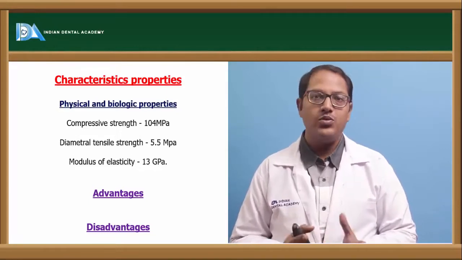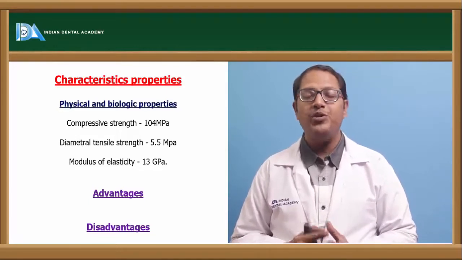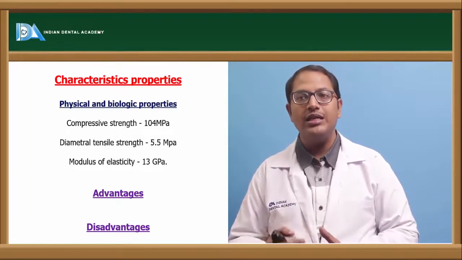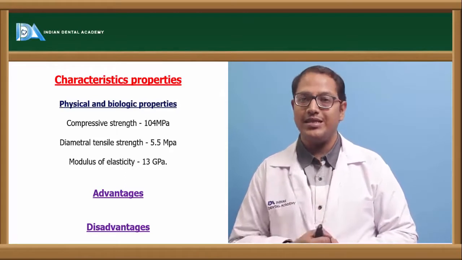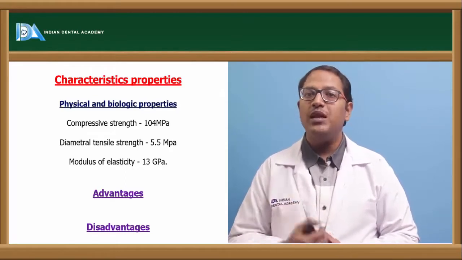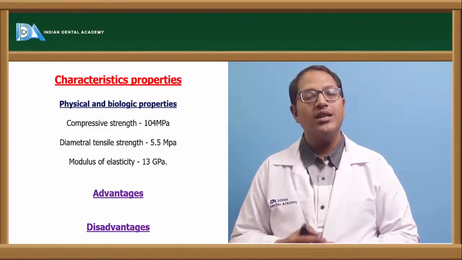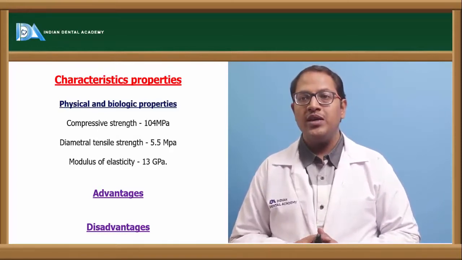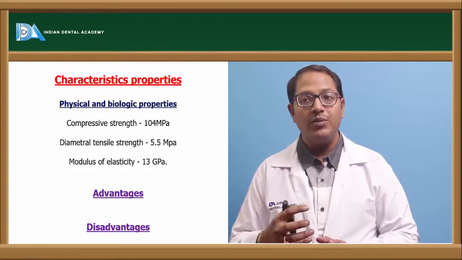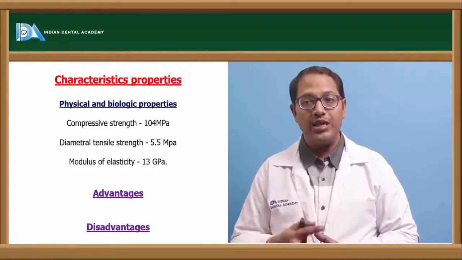The disadvantage is what I told you before, the pulp reaction, because initially the pH is very acidic. Once the pH is acidic, it gives pulp reactions. Also, it has high solubility in the oral fluids, and it has potential for pulp irritation because of the pH.